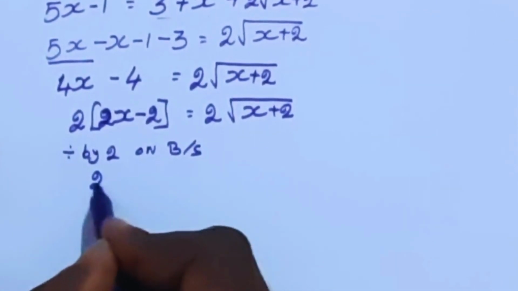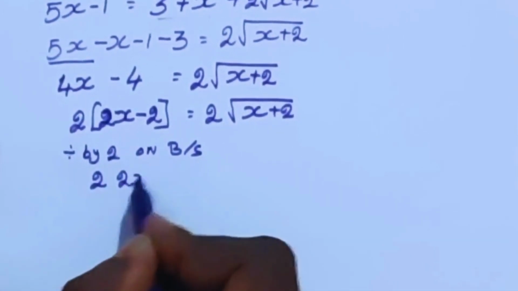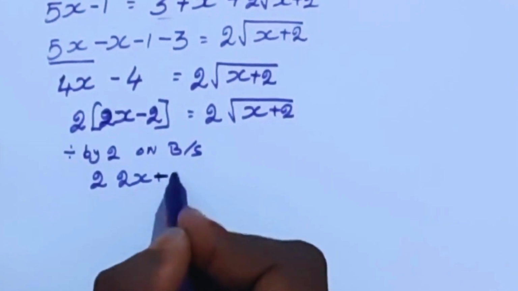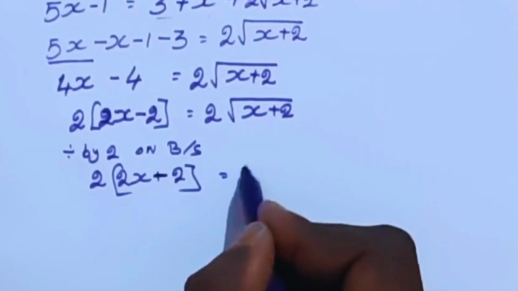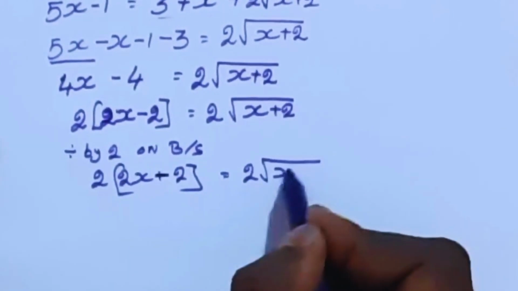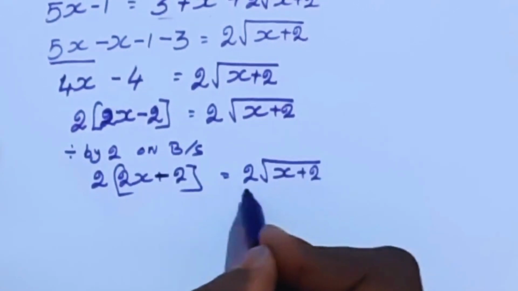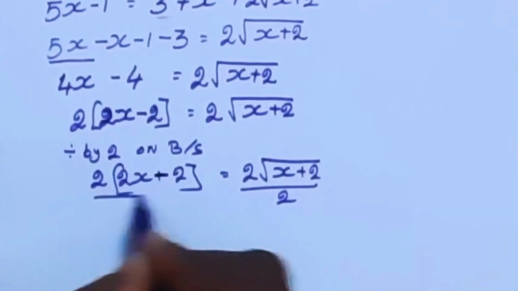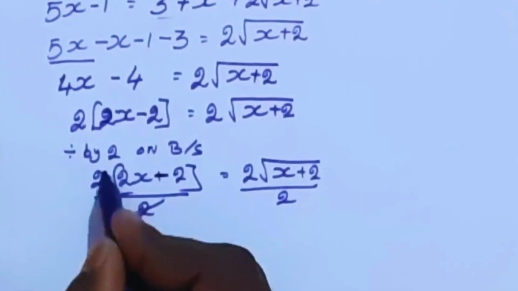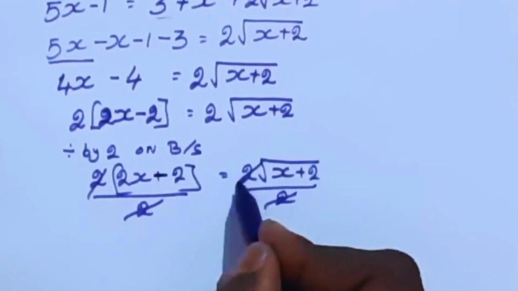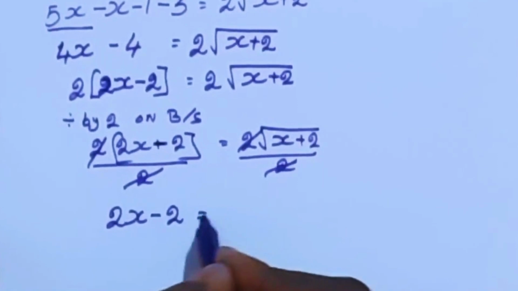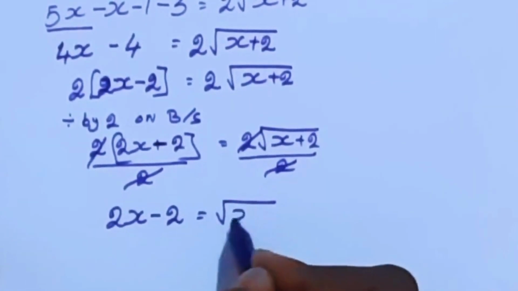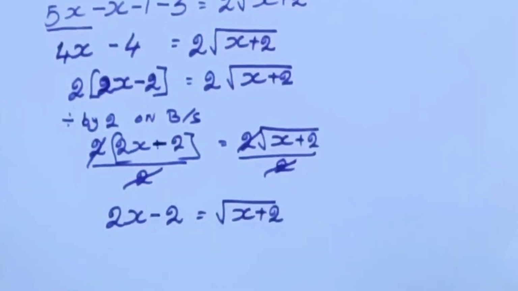Now 2x minus 2 equal to 2 square root of x plus 2 by 2, here 2. So this 2 cancels this 2. 2x minus 2 equal to square root of x plus 2.